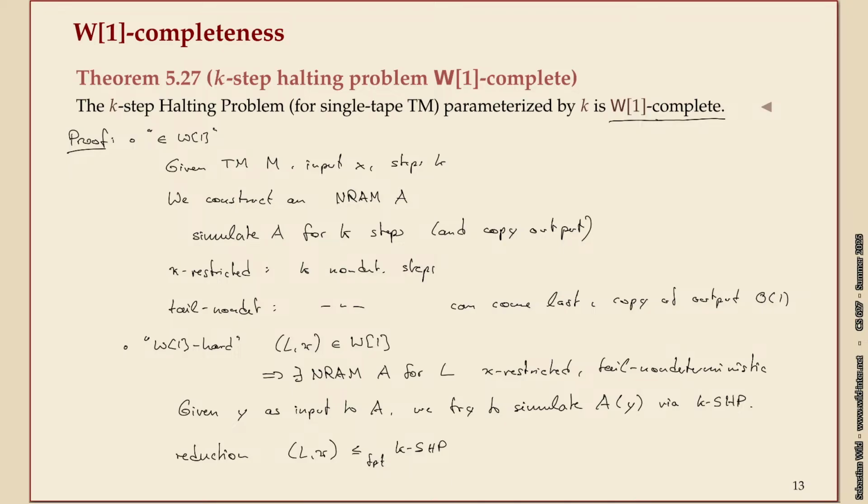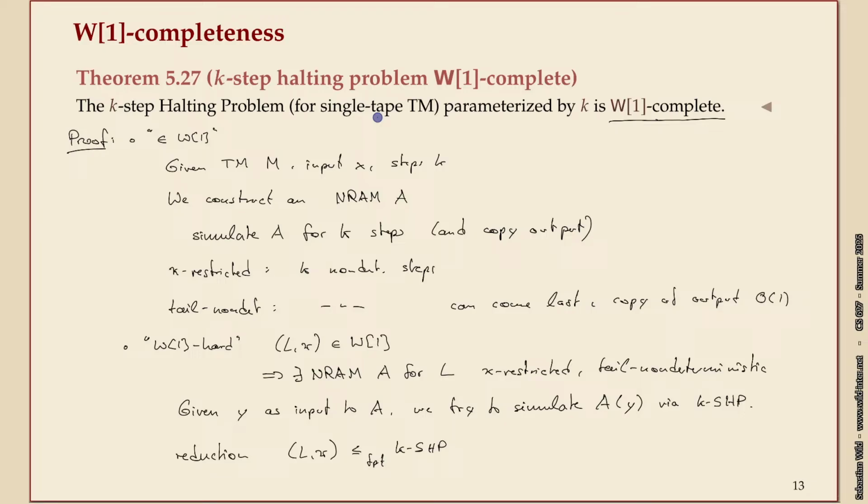There's a very easy way to show that a problem is in W1 using either the k-step halting problem or just from the definition that we used with this tail non-deterministic, kappa restricted, non-deterministic random access machine, which is a long term, but all it says is you do the usual kind of RAM program and you're allowed a little bit of non-determinism, but only in the last f of k steps.